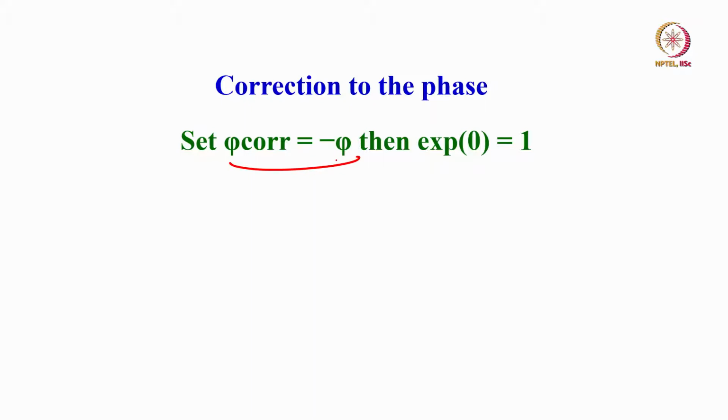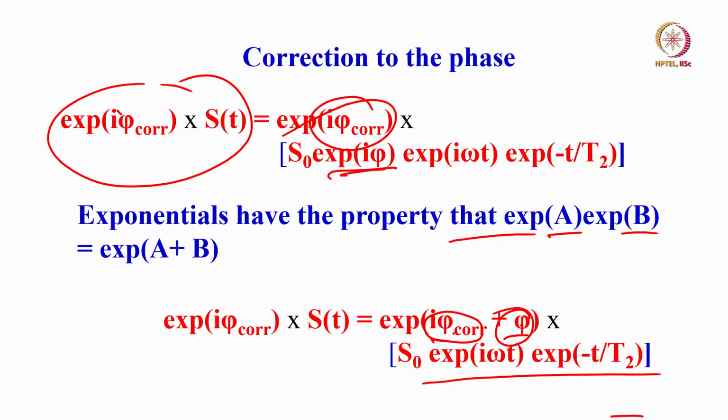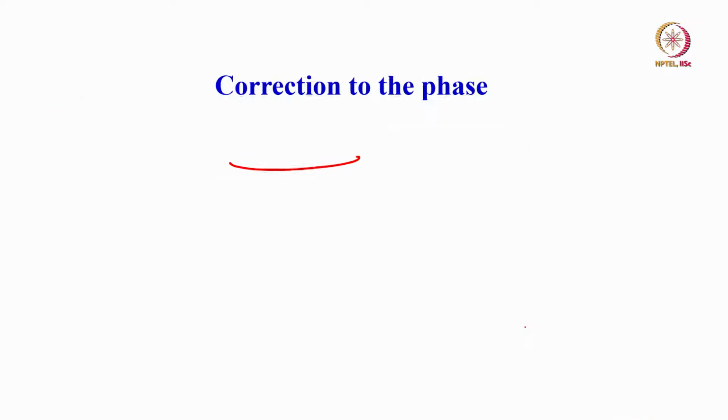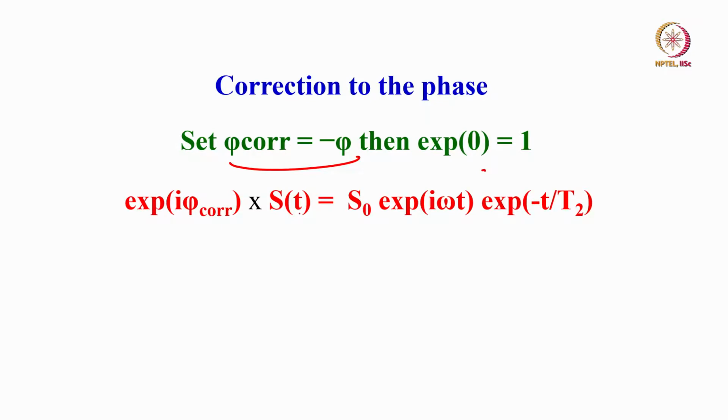This exponential of 0 becomes 1, and what you are going to get is the signal in the time domain without any phase error. There is no phase function involved now, because with the correction factor added to the time domain, I have removed this phase error.